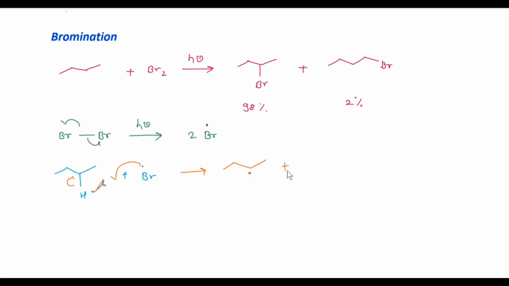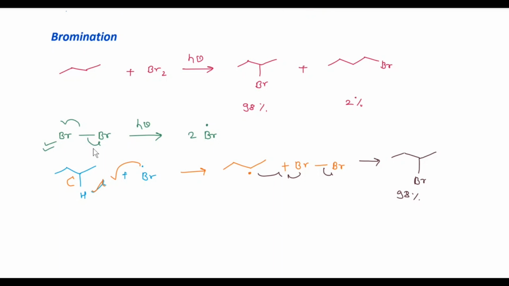Further, this butane radical reacts with a Br2 molecule. We get our major product, that is 2-bromobutane in 98% amount.